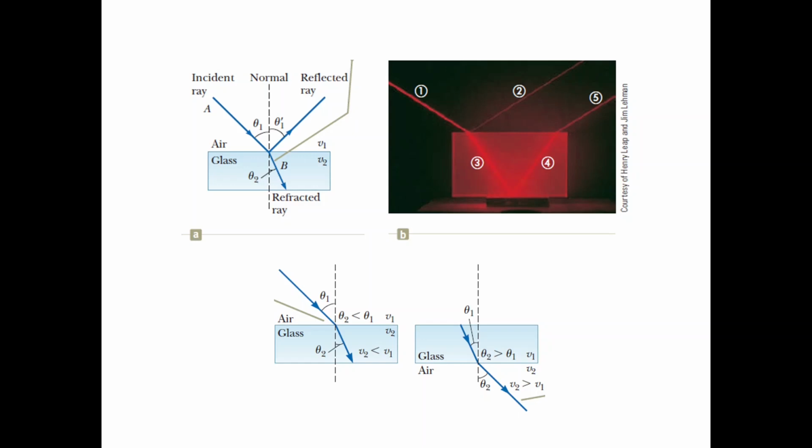Obviously, if we consider a different combination of media, then we have glass and air. Now glass is the first medium and air is the second. So the speed of light in air will be higher, and this angle theta 2 will be higher than the incident angle. So let us try to write down some aspects of this.